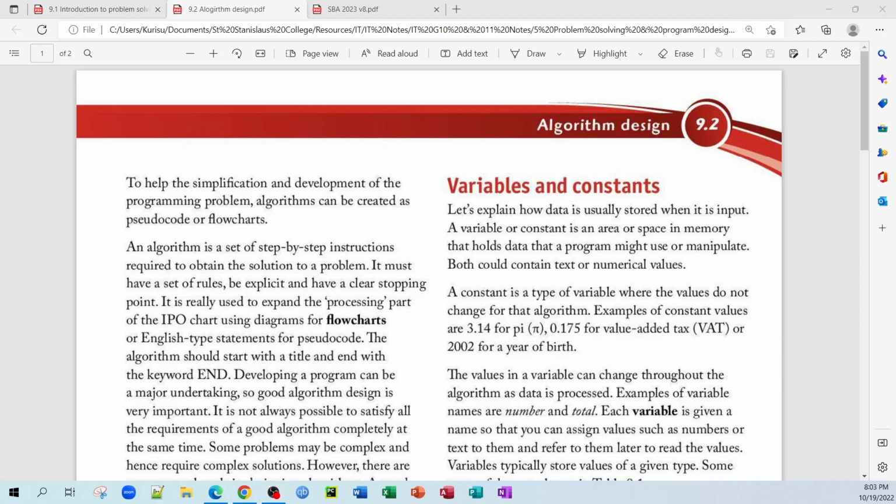Sir, by pseudocode and flowchart. So Arifa says pseudocode and flowchart. Anybody else? Agree, disagree? What are the two ways of representing the algorithm?